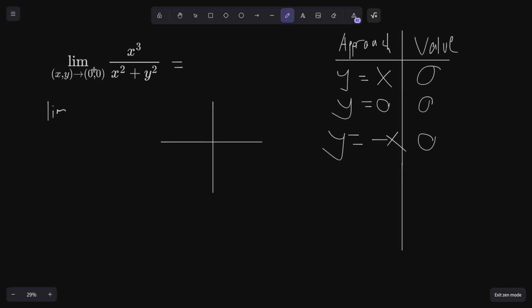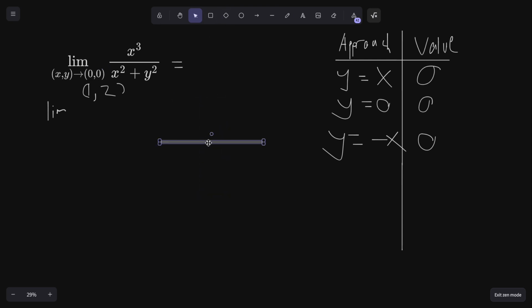Like, for example, if this was the limit as x, y approached, let's say, instead of 0, 0, 1, 2, which is this point right over here. What I can do is any curve, it could be a quadratic, it could be a straight line, any curve that passes through the point, right? So this is y is equal to 2, this is x is equal to 1. Any curve that passes through the point, I can use as a way to approach the point.